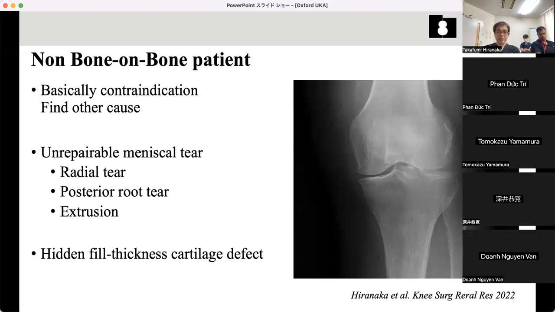It is not accepted so far, but some limited surgeons try to do UKA in such patients.